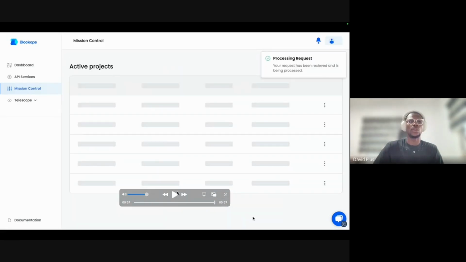So that's setting up a node using Blockops.